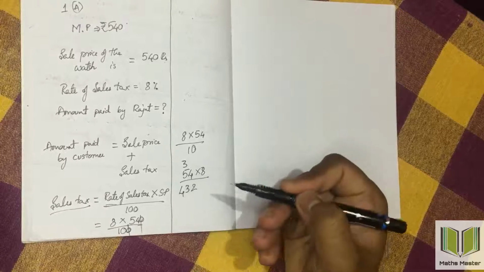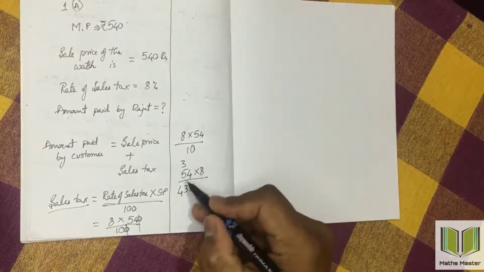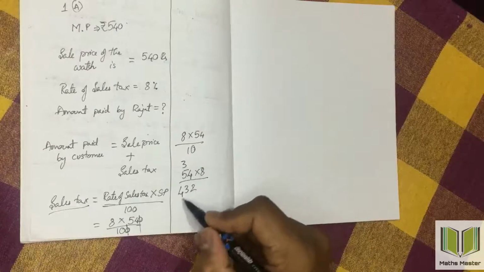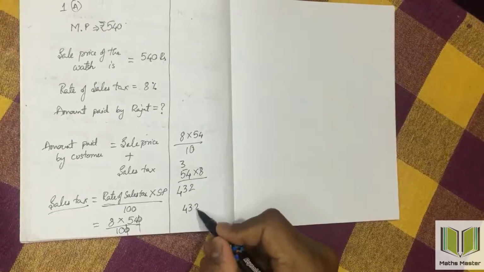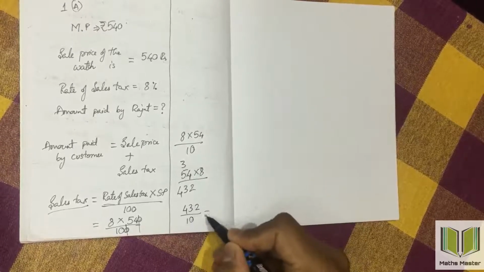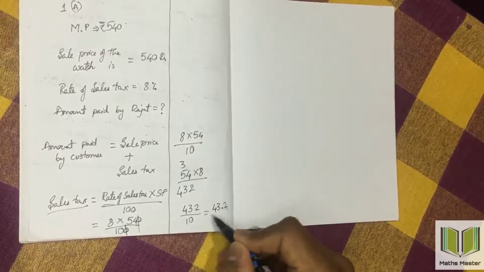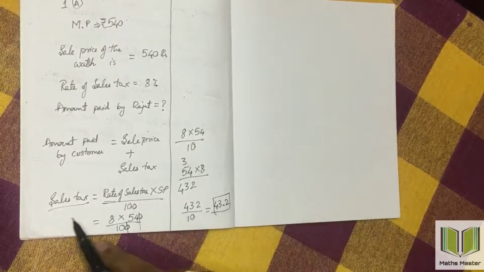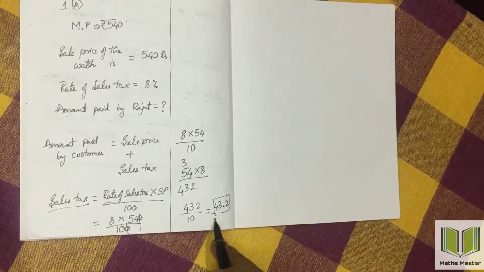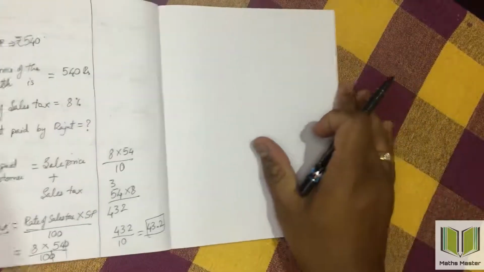We have 432. So 432 divided by 10 will give me 43.2. So my sales tax is 43.2 rupees.